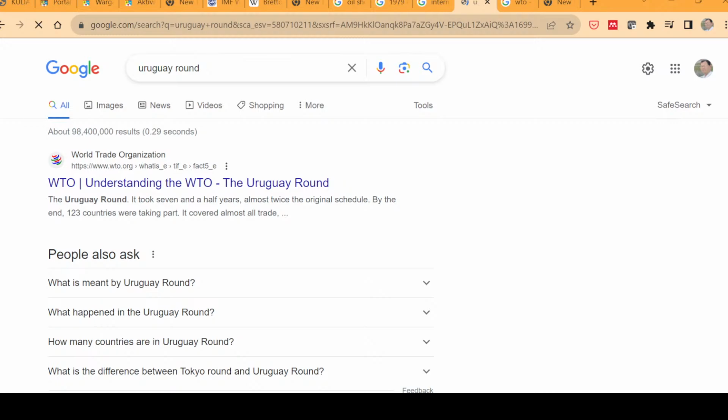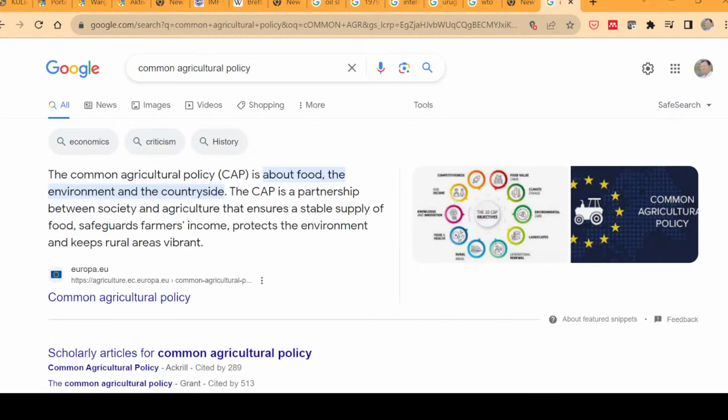America said, you, Europe, it's not fair, you subsidize your agriculture products. You give subsidies to your farmers, that's why your products are cheap.